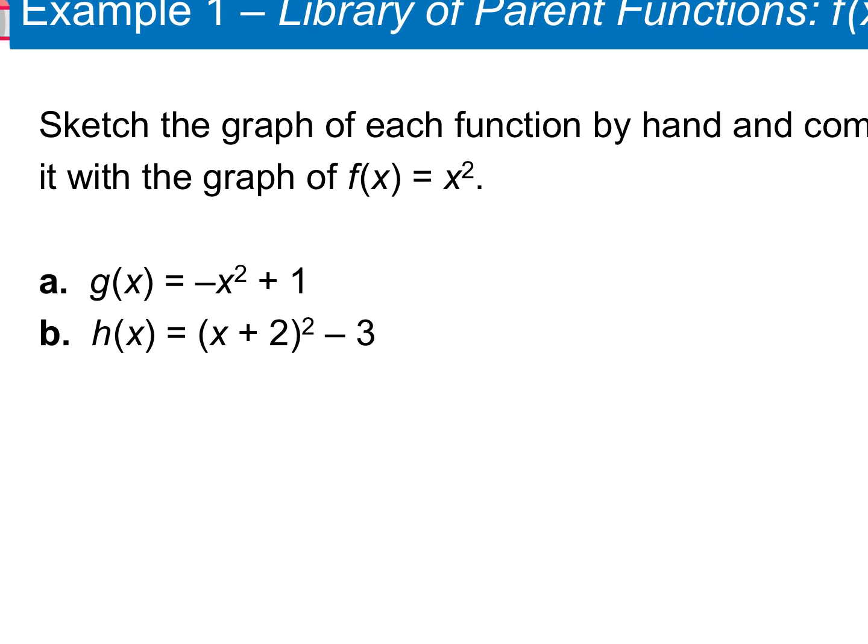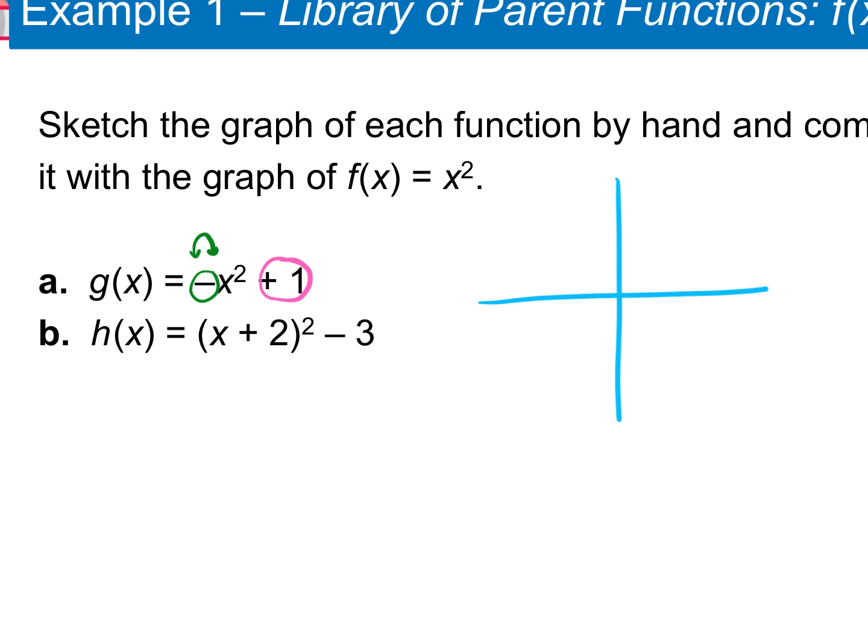In example 1, we're going to graph our parabola. So looking at 1a, I'm going to start by drawing my graph here. Now, since we have a negative in front of the x squared, do you think this is going to open up or open down? It opens down. It's going to be a sad face parabola. And then we're adding 1 on the outside.